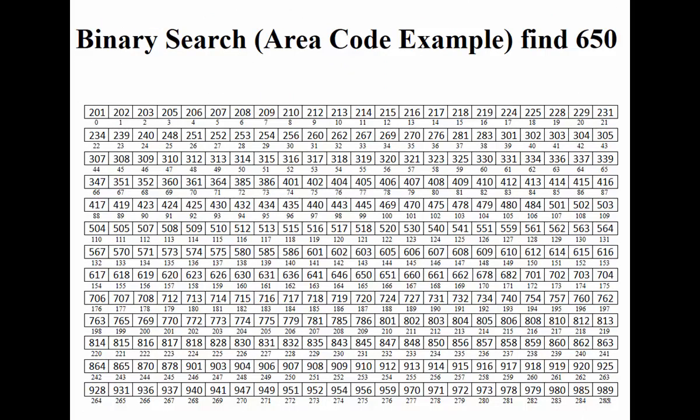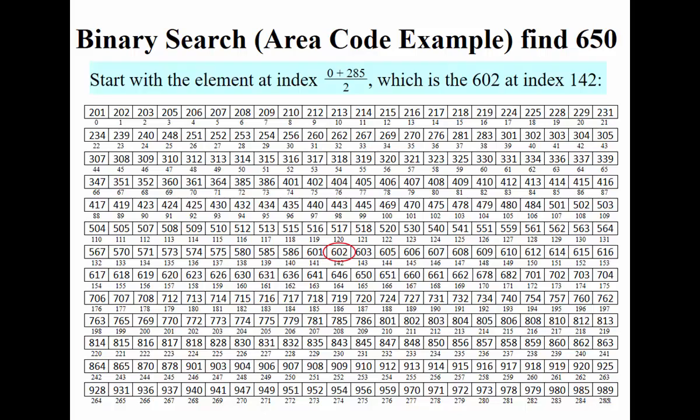Here is an example to demonstrate the power of binary search. You need to look inside this array for 65. So you start by taking the lower index 0 and the upper index 285 divided by 2. So the middle is 602. You compare it with the target that you are looking for.